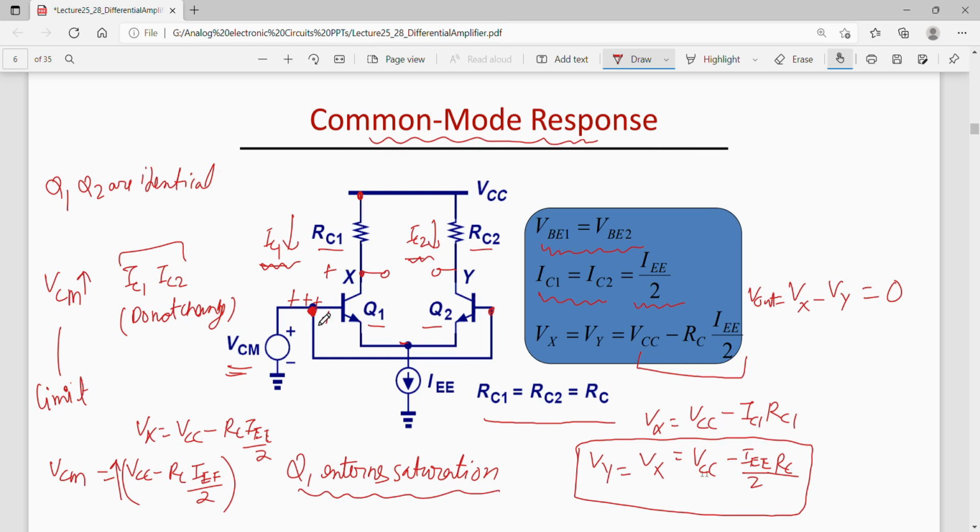But if my input goes beyond Vx, then my collector base junction becomes forward biased, and my transistor Q1 or maybe Q2 also, they both enter saturation. Which sets an upper limit on VCM, that is the common mode signal.